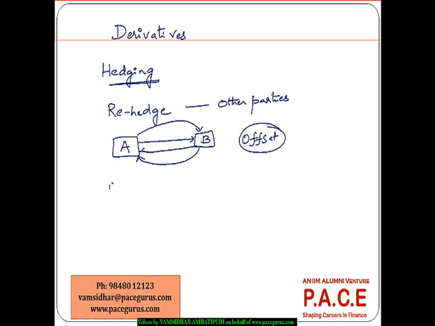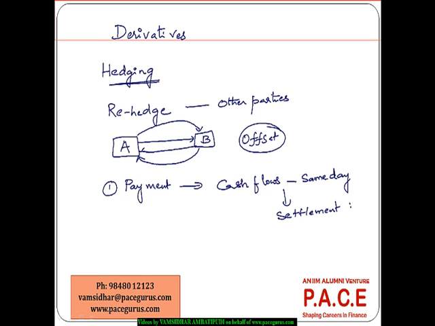Now in this netting, there are two major terms, one being the payment netting, where the cash flows, whichever are occurring on the same day, they are netted, they are offset. So this is more and more related to settlement risk. So I am netting the cash flows that have to be received versus to be paid on one single day, and only the net is either paid or received. So it is more and more associated with the settlement risk.